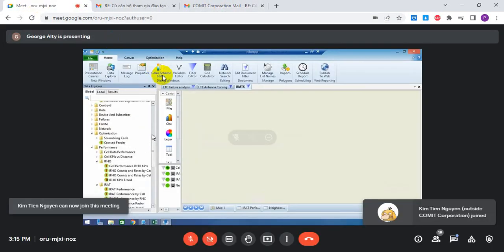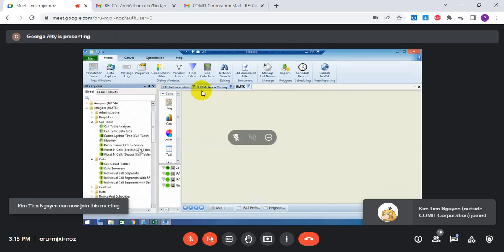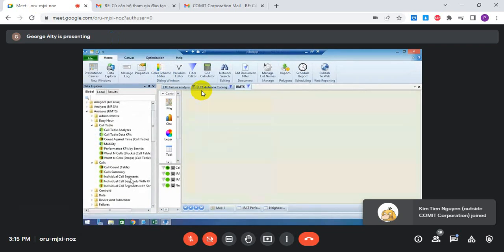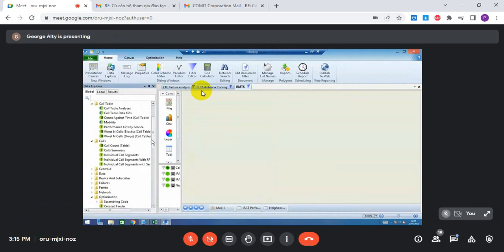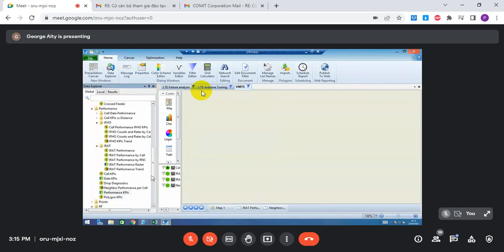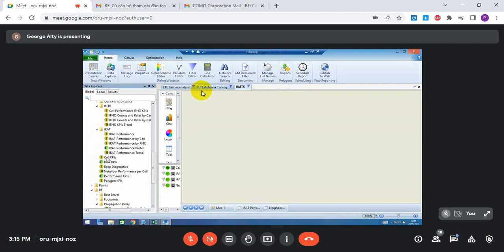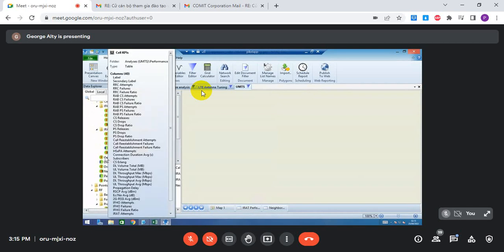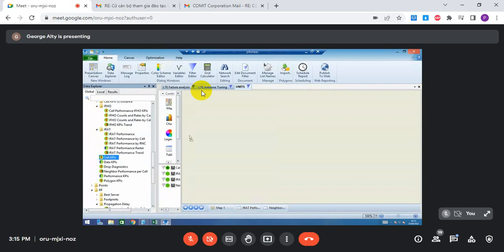Let's have a look at cells. Cool, summary. I'm just trying to find an example analysis that allows me to discuss cell KPIs. Okay, this is on a table.